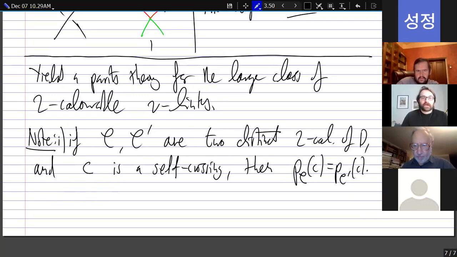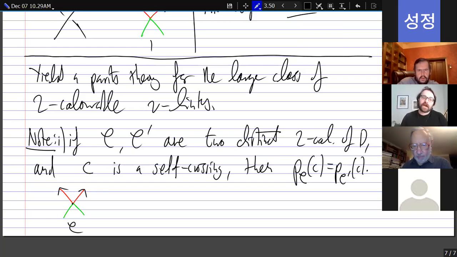If I have a self-crossing, say it looks like this, for example, and say this is in the coloring C. Well, how could I get to a coloring C prime? All I would be doing is flipping the coloring on some subset of the components of D, converting red to green and green to red on some components.